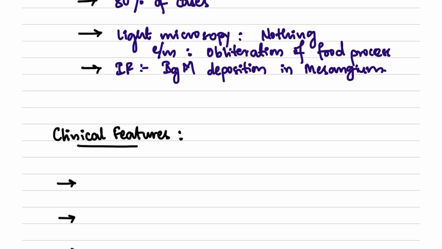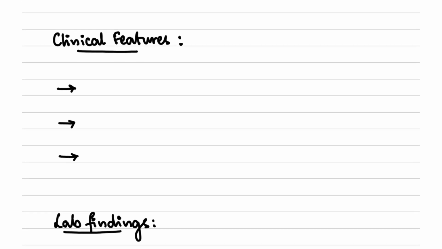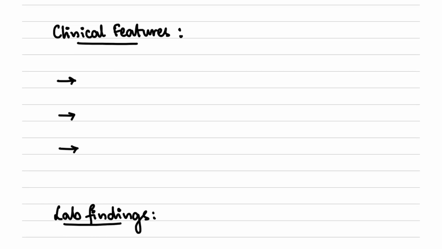Now let us learn about clinical features of nephrotic syndrome in pediatrics. The child will have generalized edema. The patient will come with generalized edema, or the mother will tell that the patient is having periorbital swelling. First it will appear in the eyes, then it will move on to the legs.